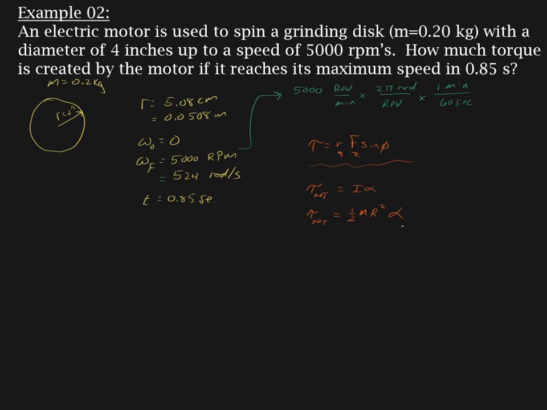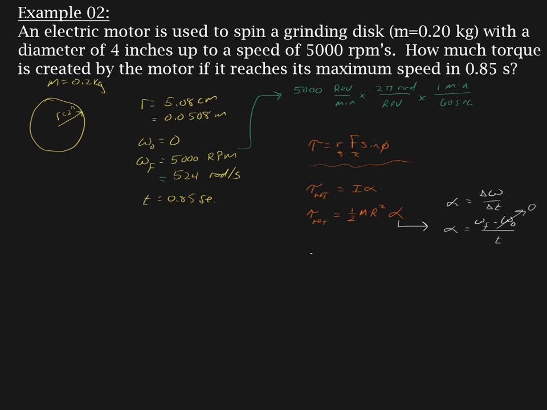Now to get alpha, we're going to have to go to kinematics. And we're given time, omega initial, and omega final, so it would stand to reason that we would use alpha is equal to delta omega over delta t, or alpha is equal to omega final minus omega initial divided by t, where omega initial was 0.